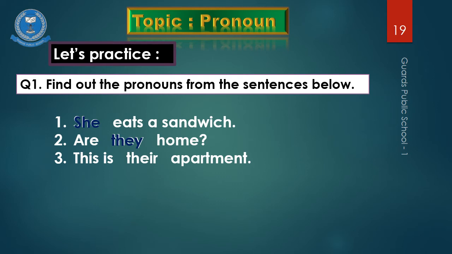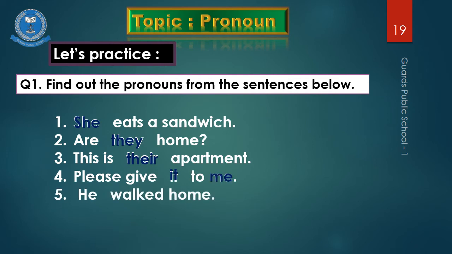Tell me, what is the pronoun here? Yes, it's their. Very good. Please give it to me. So, what is the pronoun here? And can you see, here are two pronouns. It's it and me. Very good.